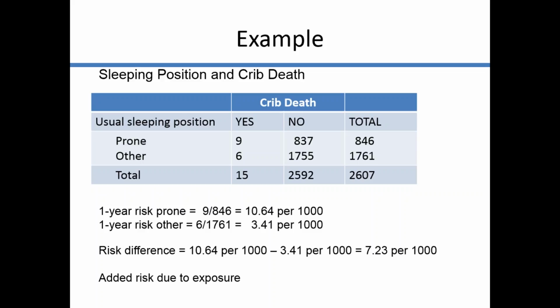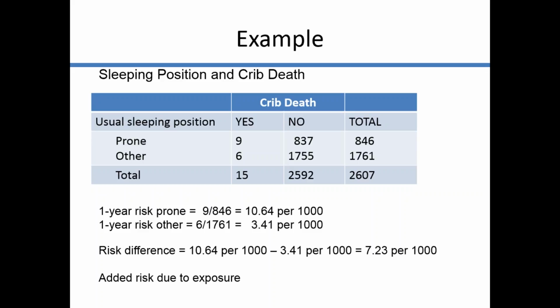So then 9 out of the 846 exposed versus 6 out of the 1761 non-exposed. Then we get a risk difference. We subtract out the background risk, which is the other group, and we're left with 7.23 per thousand as the excess risk due to sleeping prone. It's the added risk due to exposure.